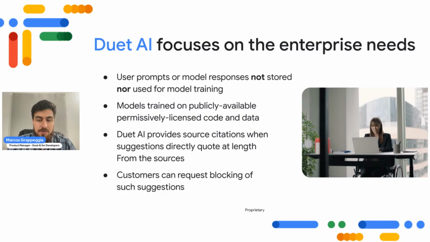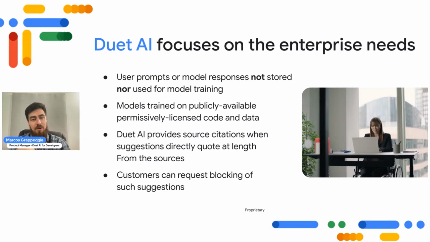And these models are trained on publicly available, permissively licensed code data. It's essentially a crawl of publicly available code, plus a series of proprietary Google created data sets to increase the quality of Duet.